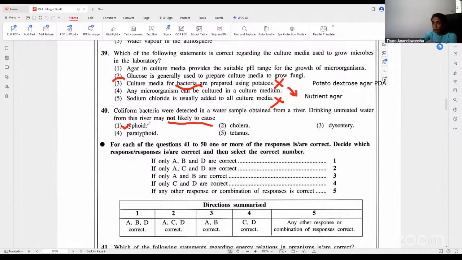Typhoid fever, obviously, yes. Cholera, yes. Dysentery, yes. All these are endemic diseases, right? So this is happening in the gut, small intestine, large intestine related diseases. Paratyphoid also, yes. The answer is tetanus, it is not a waterborne disease, right?